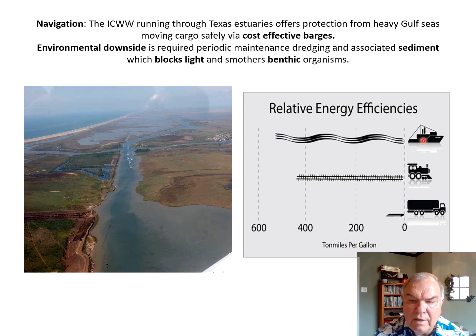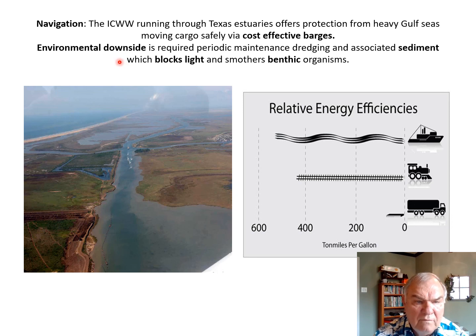By far, moving things by water is the most cost-effective way to do it relative to trains, trucks, or especially airplanes. So basically, it's a vital economic link in our economy, especially the Texas economy that's dependent heavily on petroleum products, which get moved up and down the intercoastal waterway.